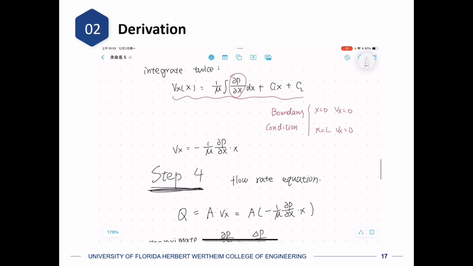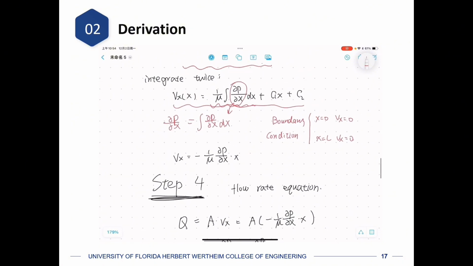In many cases, we should simplify this integrated form. In many cases, dp/dx is a constant, so we can use dp/dx to represent this term. And we have the boundary condition, so we get this.